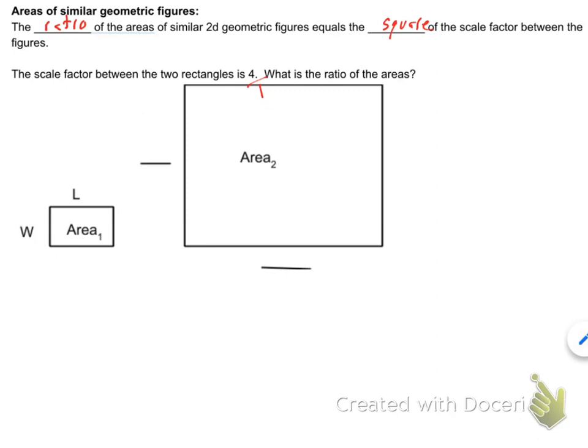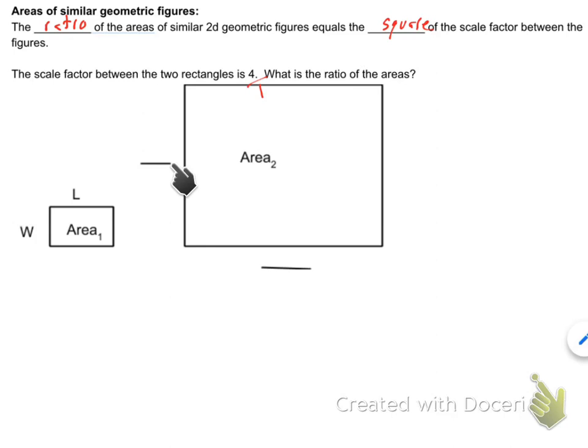If they are similar, that means their corresponding sides have that same ratio, 4 to 1. So if I call this W, what is this width? This is the bigger one, so it has to be 4 to 1.